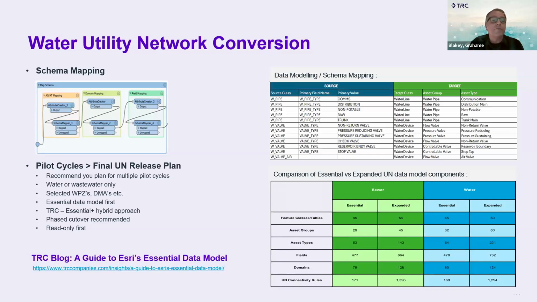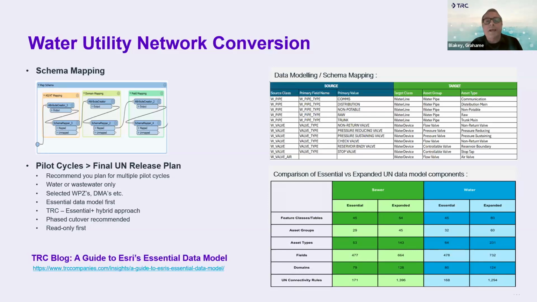Now, in terms of the migration, as Ben was saying earlier, we advocate at least 1 or 2 pilot migrations, and indeed in terms of our final release, we would tend to do that as well in 2 or 3 or more release patterns. You have various options in the water world, I would say.